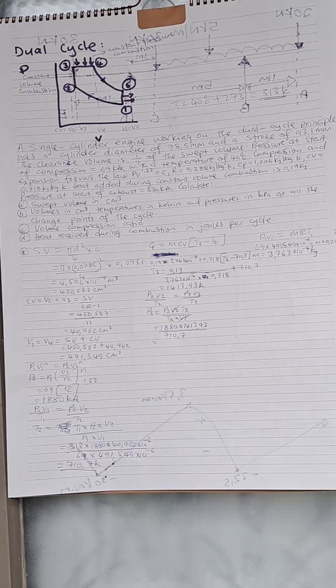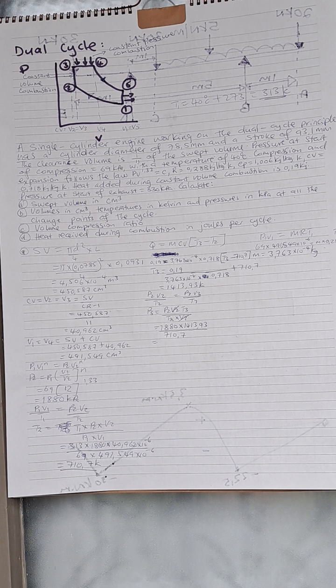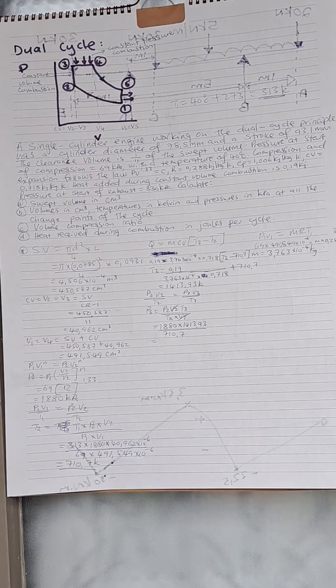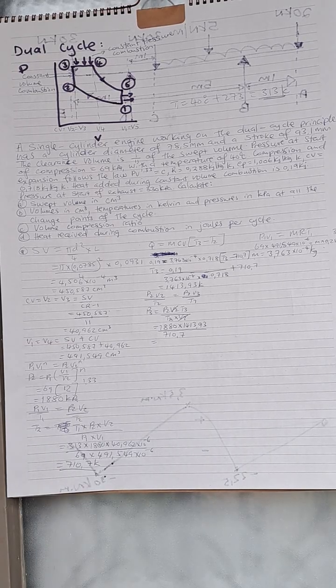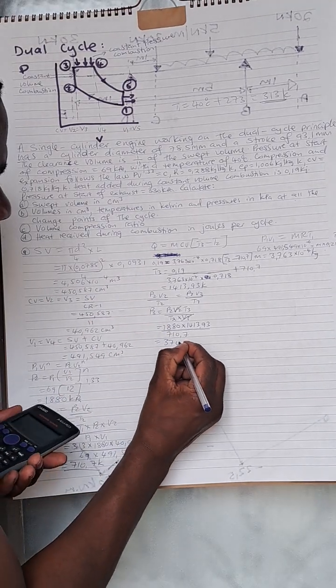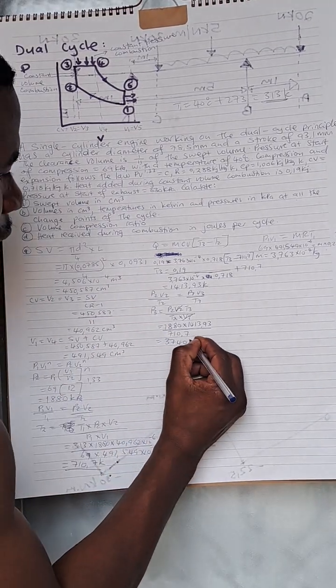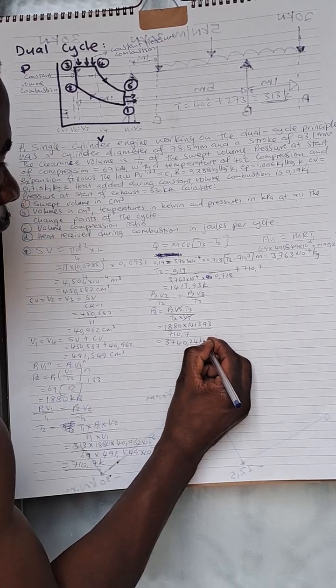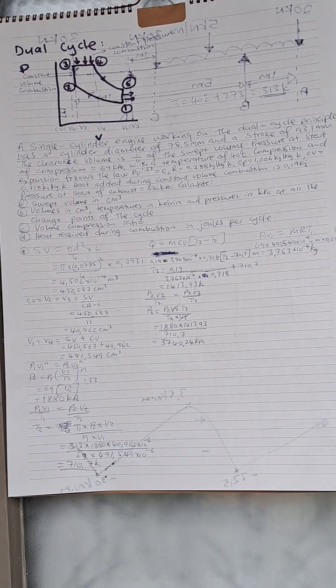So let's get our P3, which is 1880 times 1413.93 divided by 710.7. I'm getting 3740.24 kilopascal.